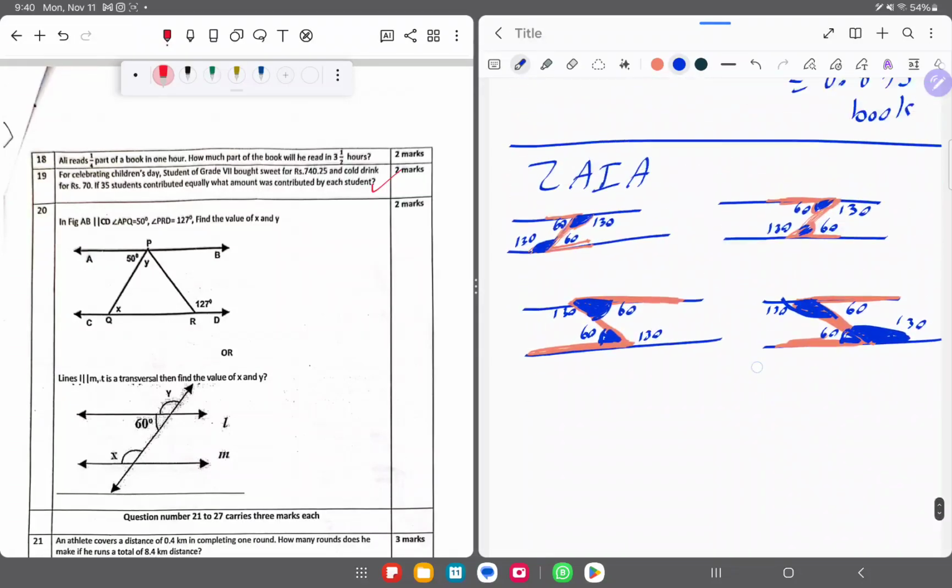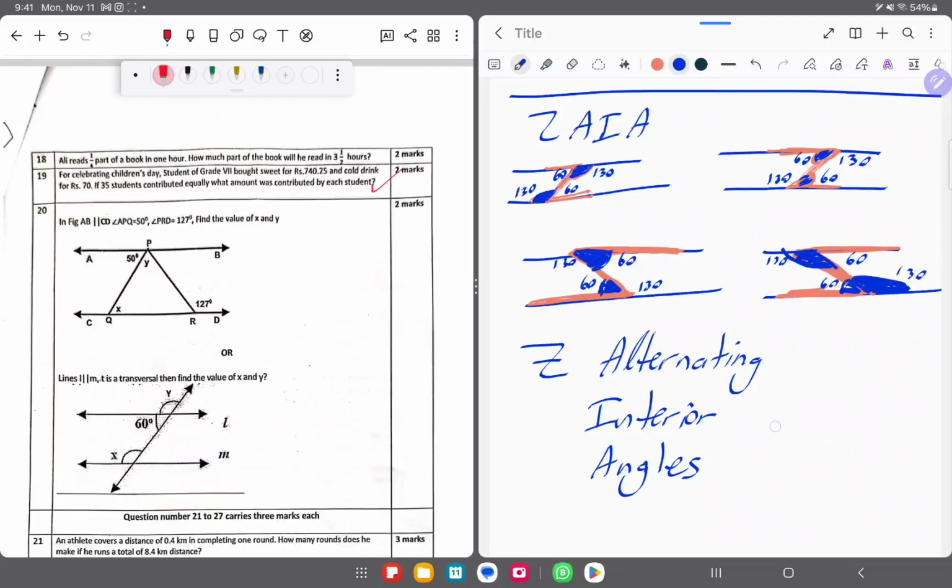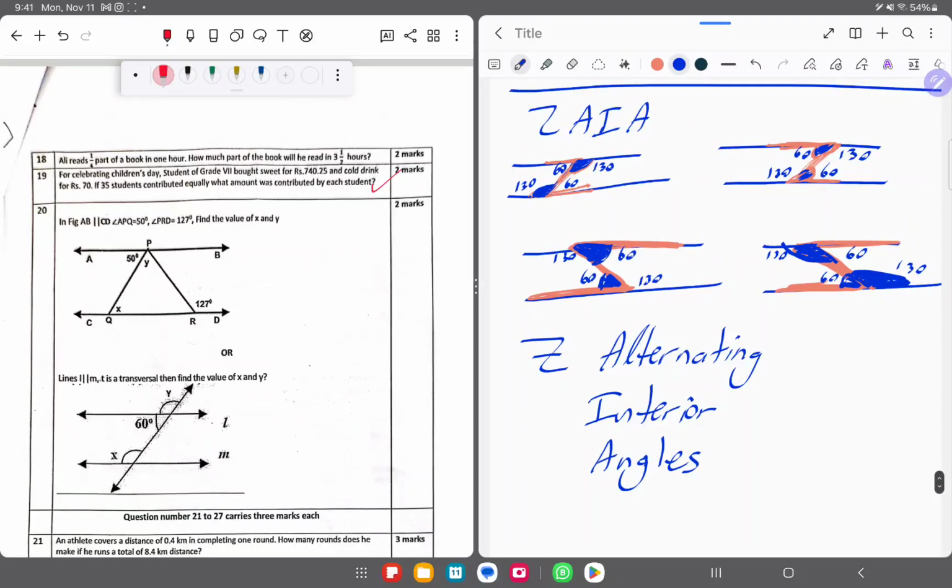Now, let us look at Zaya again. Z, alternating interior angles. So just now, I want you to flash them. Now a note. I want you to do some, like, the ones that I've done.